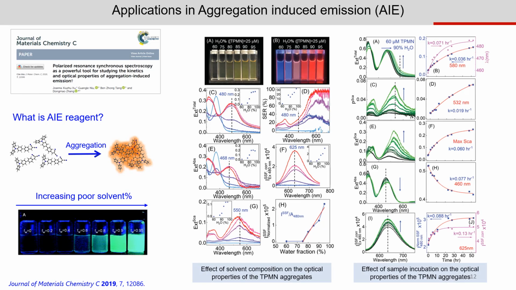we found that the molecules take some time to aggregate upon addition of poor solvent. During sample incubation, the UV spectrum is changing, but we don't know what is going on. With PRS-2, we understand that the aggregates are growing in size as revealed by the scattering extinction, and also the shape keeps changing as indicated by the scattering depolarization.